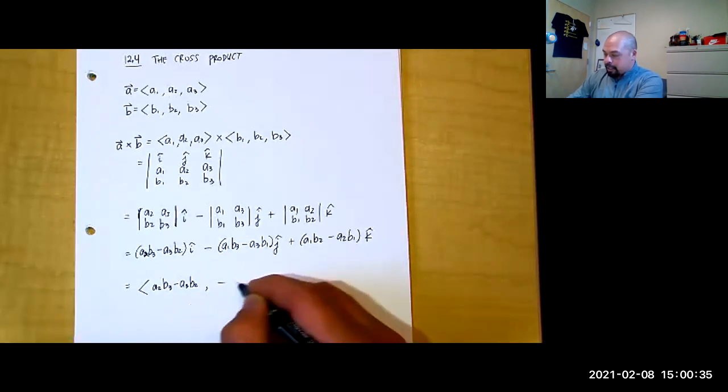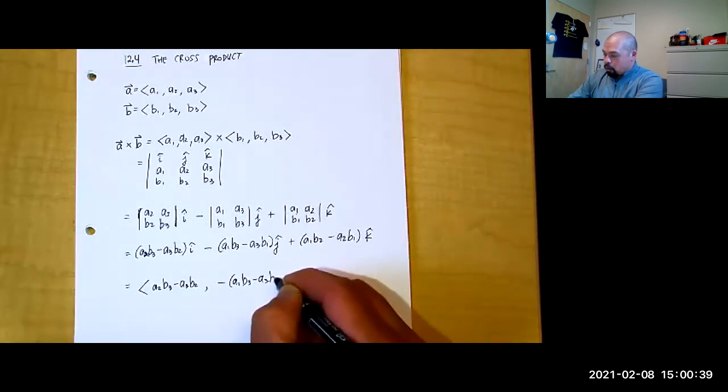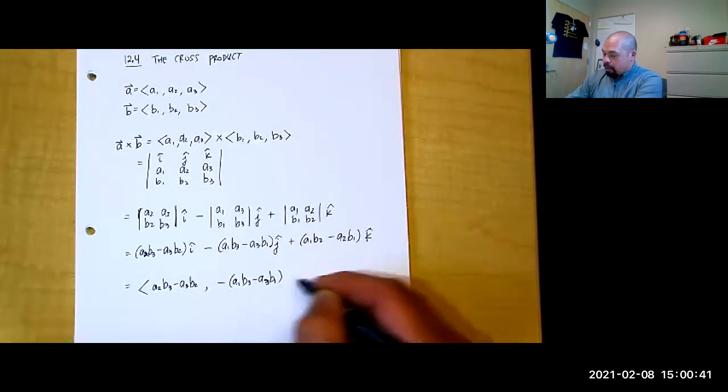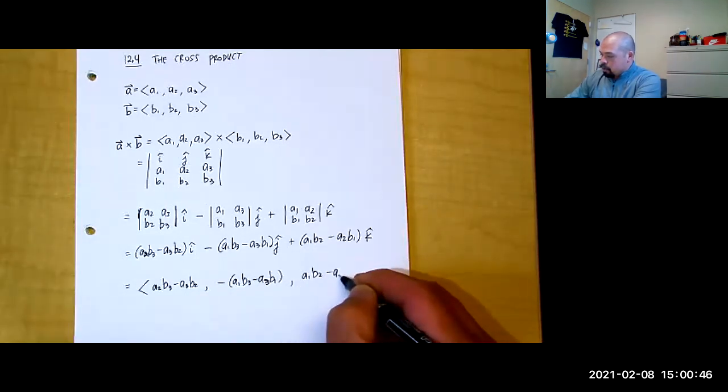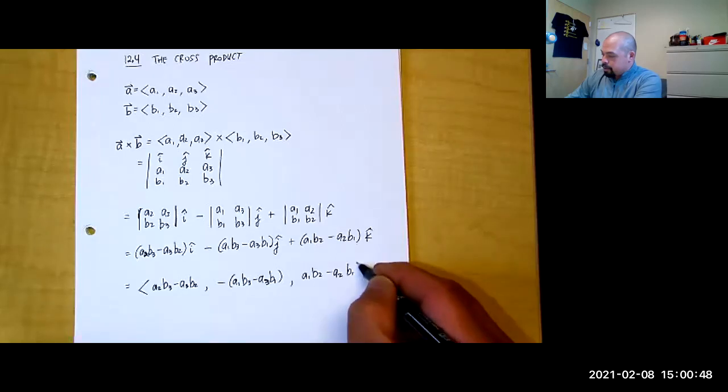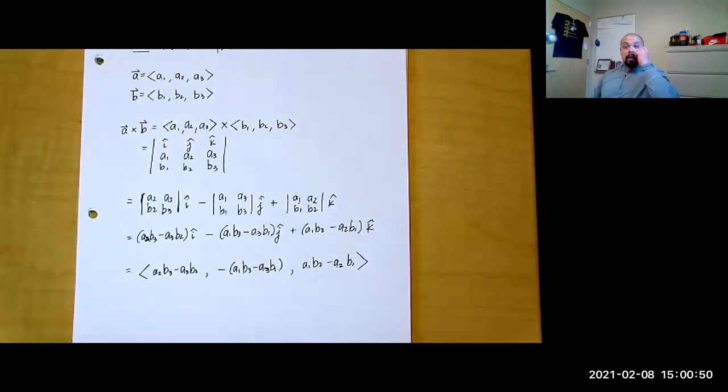Like I said, I don't necessarily memorize this formula, but more so the action of using that 3 by 3 determinant to find this resulting cross product.